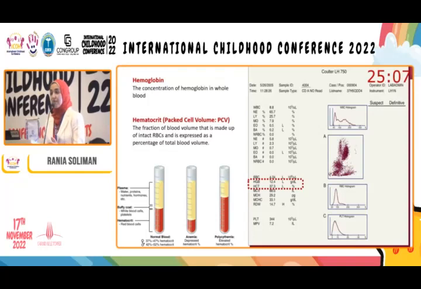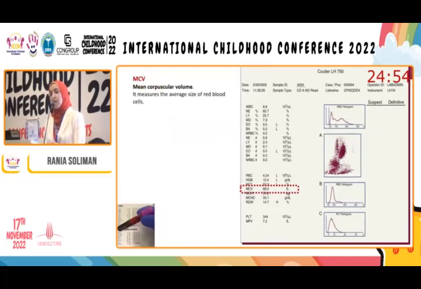This is the hematocrit. So when this number is decreased, it indicates anemia, and when it is increased, it indicates polycythemia.